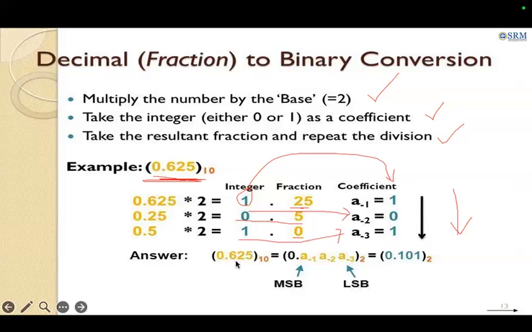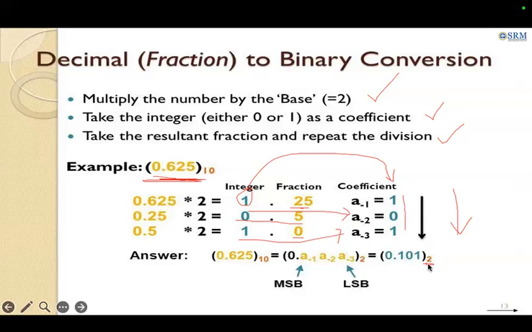So for 0.625, the equivalent binary value, representing the coefficients in the same order, is 101. So the representation of 0.625 in binary is 0.101, with base 2.